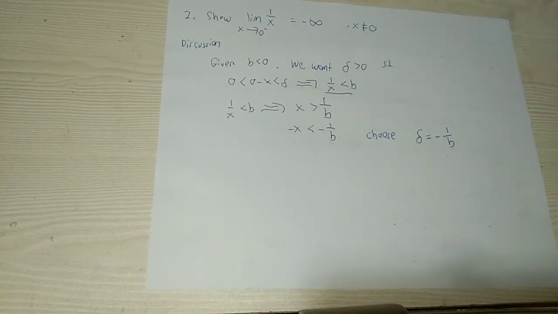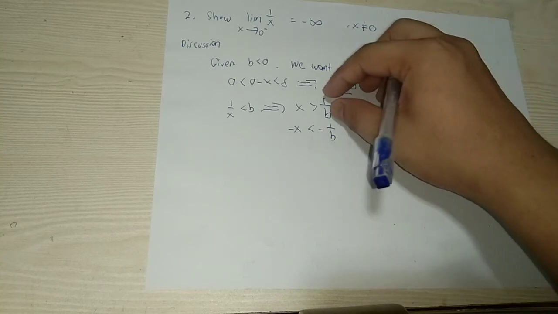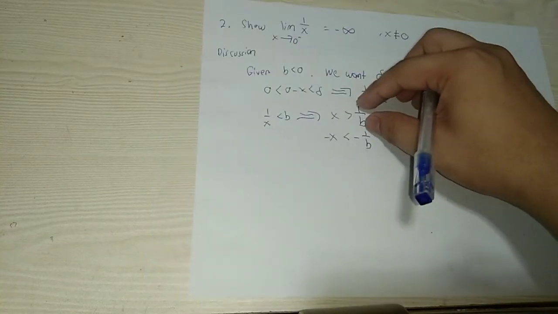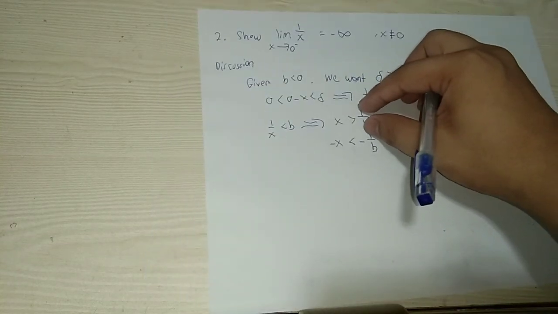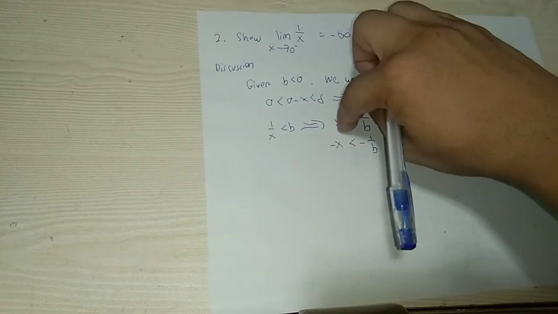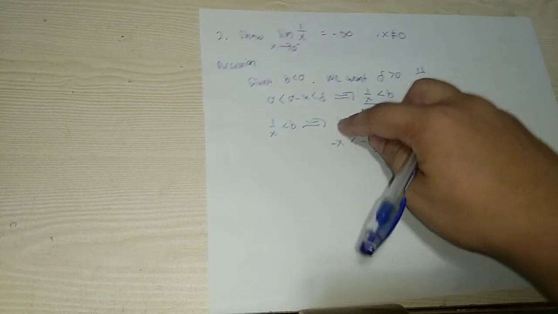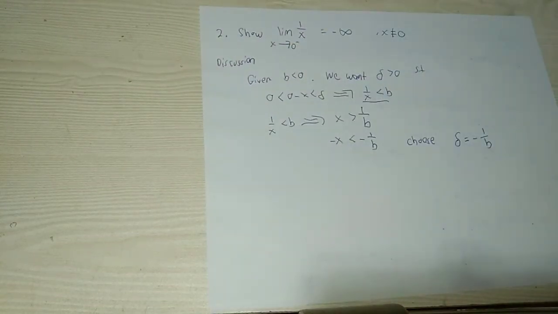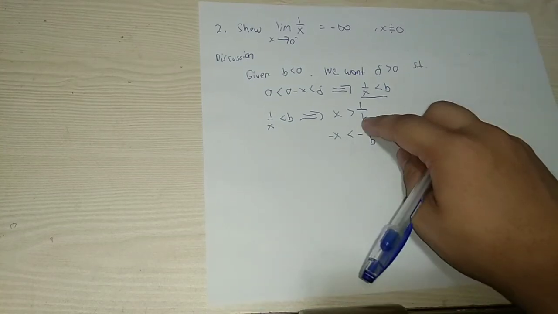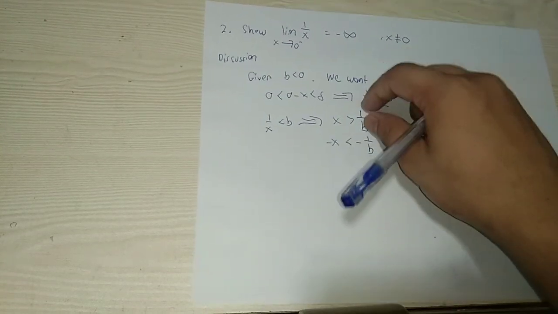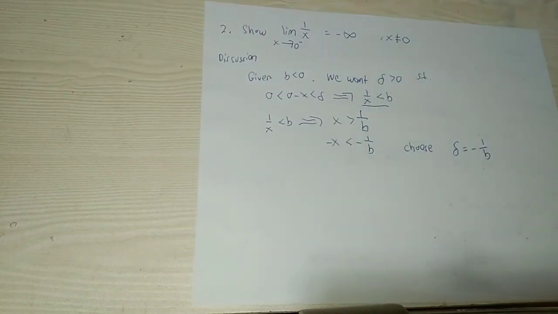Okay, kasi yung 1 over b, pansinin nyo yung 1 over b dito, yung x daw mas mataas sa 1 over b. Okay? Kung yung x, which is negative kasi nasa left side ng 0, mas mataas sa 1 over b, ibig sabihin yung 1 over b natin negative. Okay?